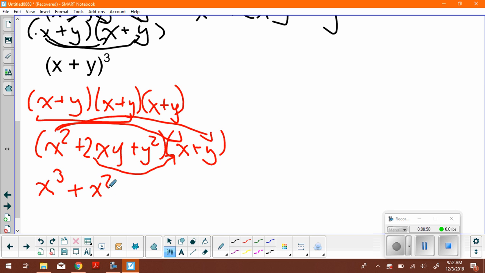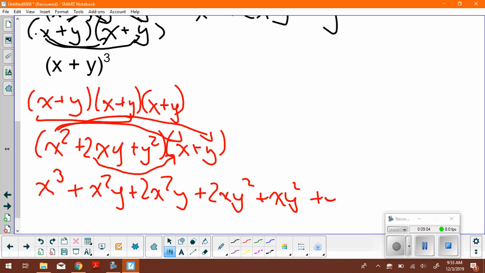So I got an x squared y and got a 2x squared y. Okay, my next pair of terms are going to be 2xy squared and xy squared. And then finally, a y cubed is my last term.